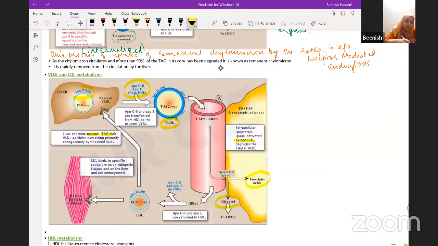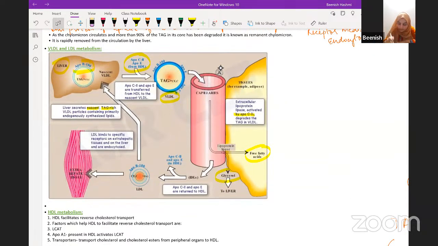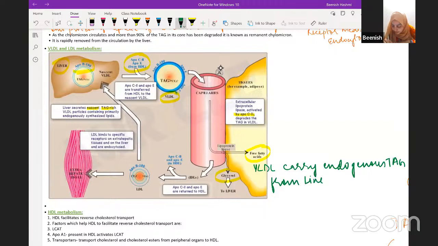So you see how from the liver, your endogenous TAG has been brought to the peripheral organs.